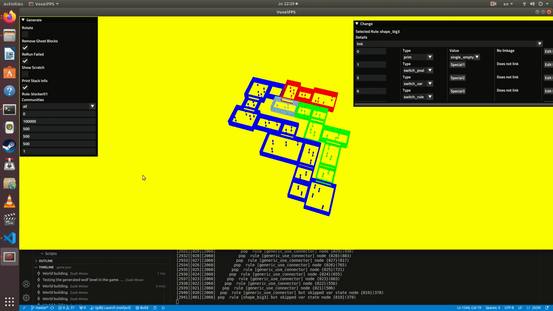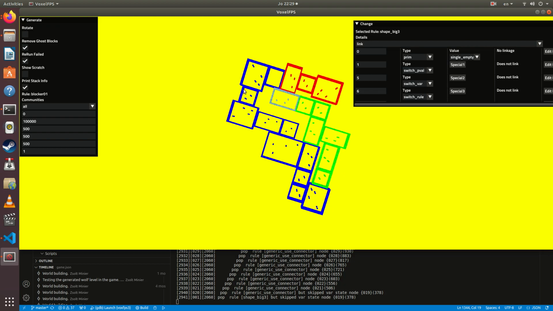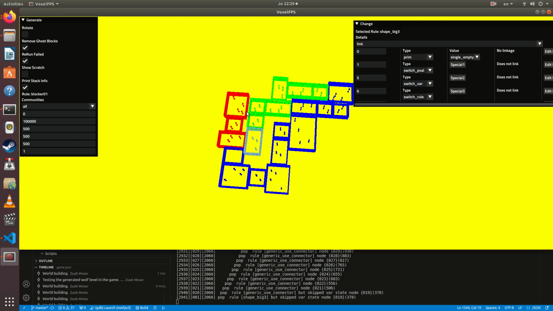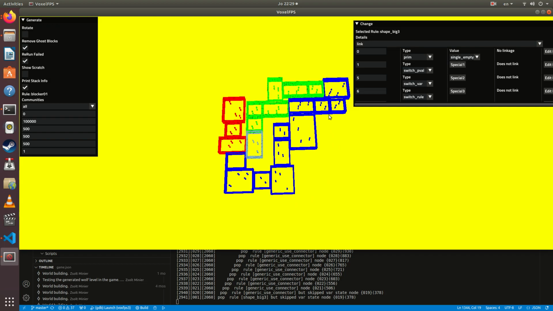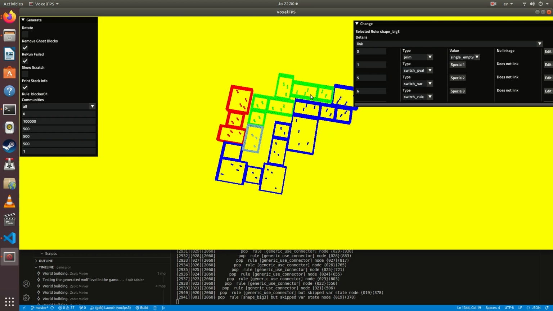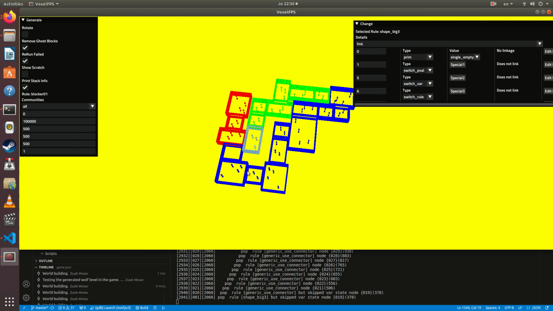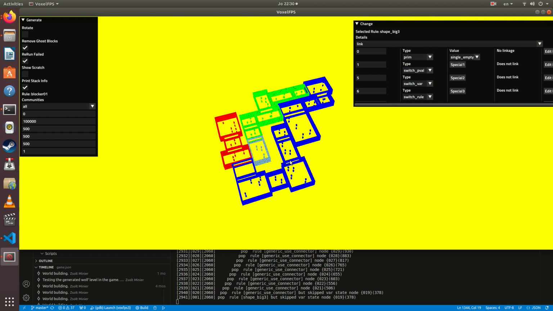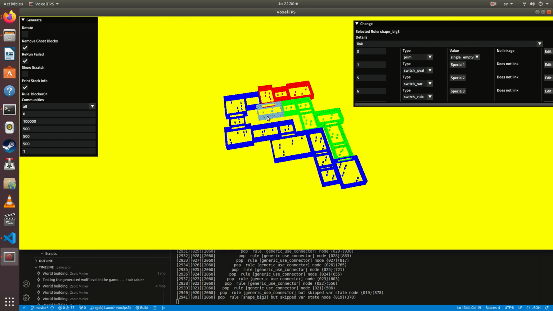This blue connection is also randomly generated, but since the red and the green ones are randomly generated, it needs some more complicated algorithm to find the path between them.